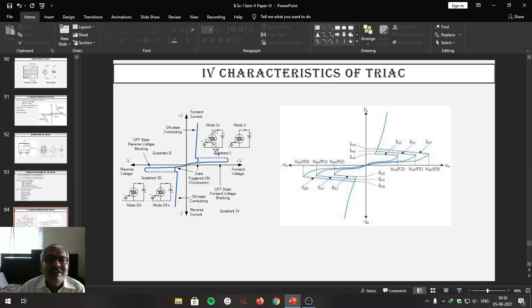Friends, thus we can get similar characteristics in the first quadrant as well as in the third quadrant. This is the curve that represents what happens when gate current is increased in both directions.